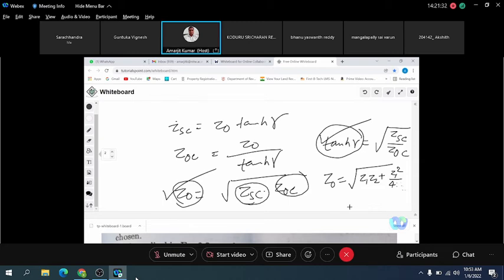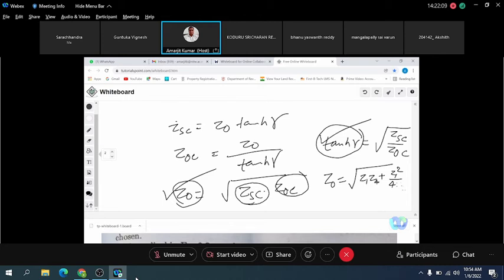Now what are Z1 and Z2? What was the total series impedance? That is equal to R plus j omega L into delta x, so Z into delta x. And Z2 will be equal to 1 divided by Y delta x.